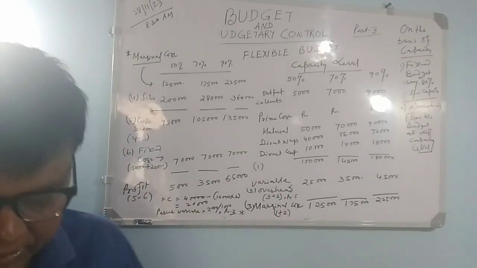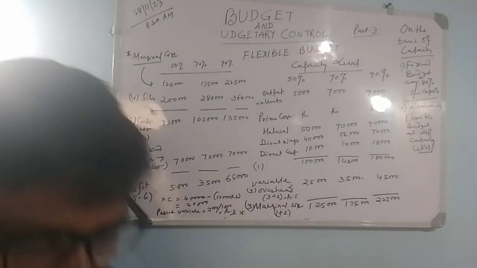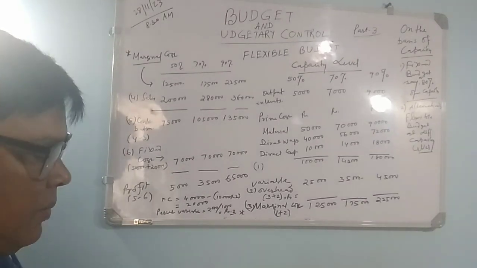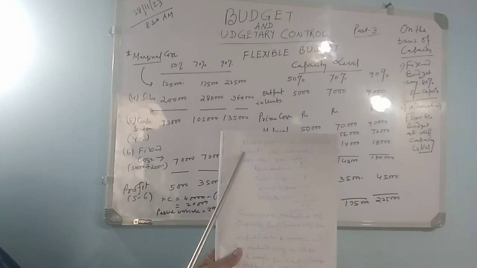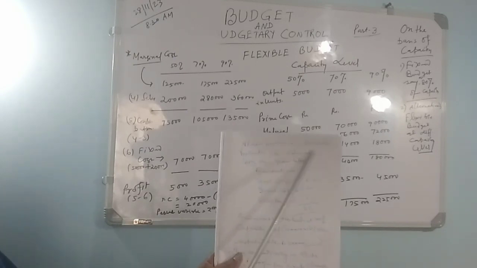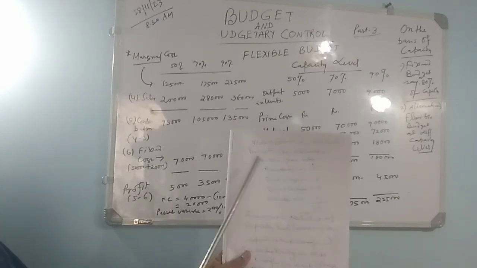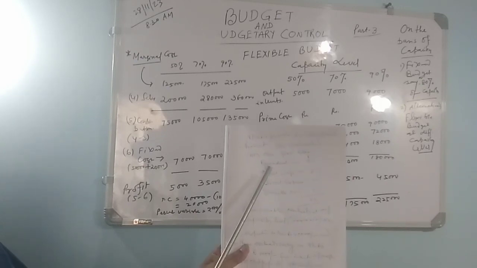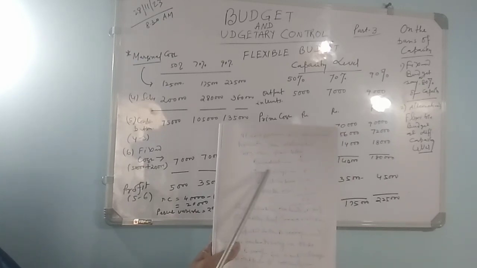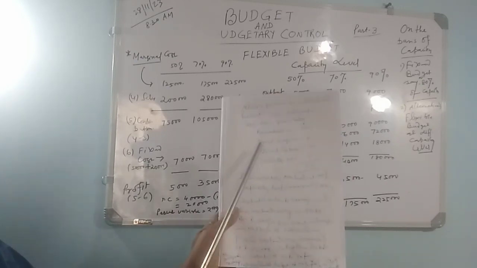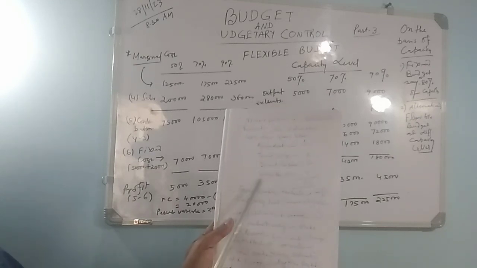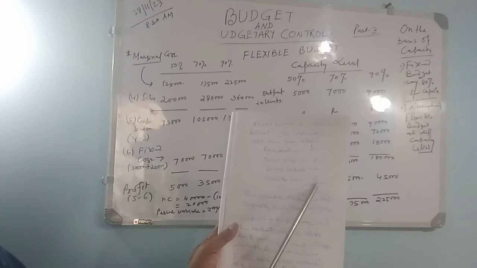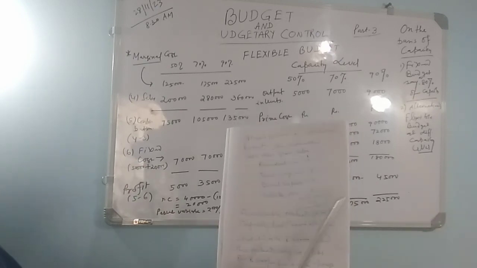Now, to take an example, we will work through one problem. Messrs NP Limited produces a standard product. The estimated costs are given below. Raw materials 10 per unit, direct wages 8 per unit, direct expenses 2 per unit, variable overhead 3 per unit.